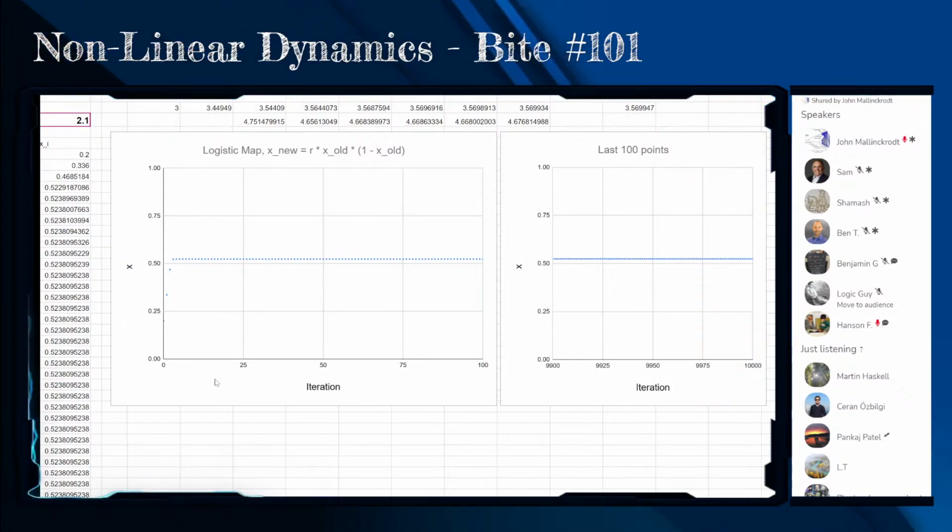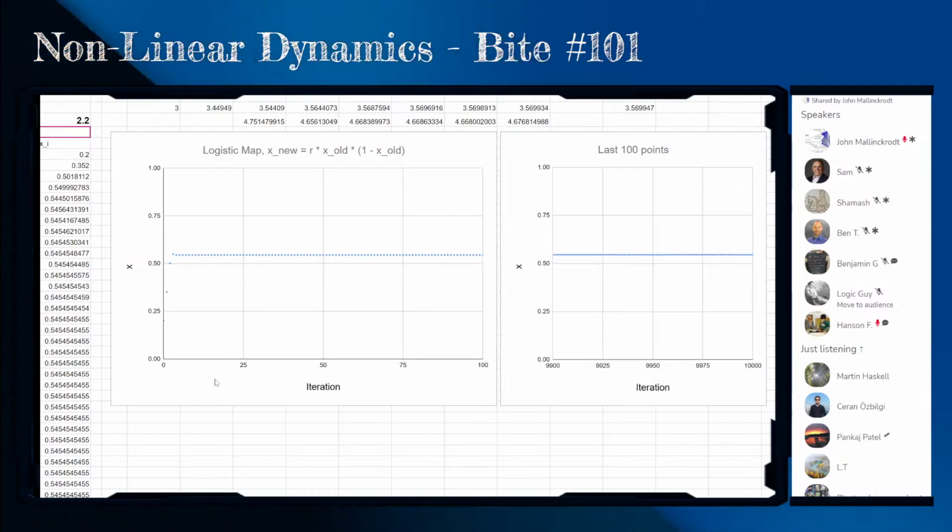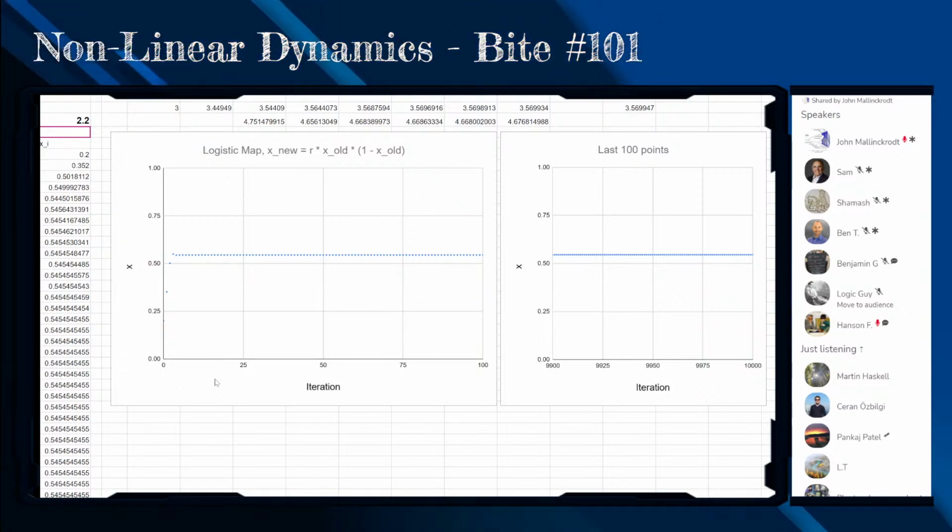If I go to 2.2, notice it's still the same basic character, with one minor exception. It's converging a little less quickly. But anybody notice at 2.2 you get your first hint of something that wasn't happening before? It starts going down. There's an inflection.